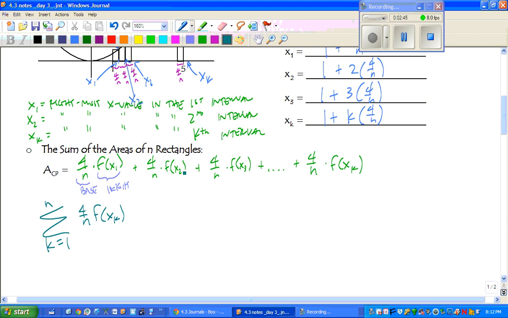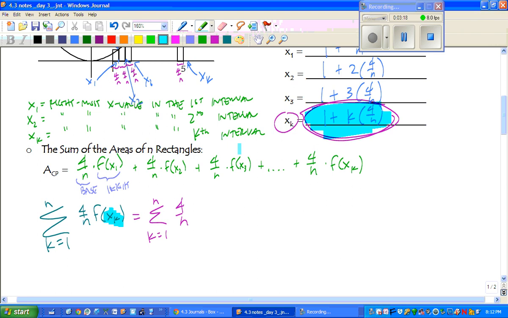Now, for this one, we already talked about what x sub k is. So the whole point of setting this up here was to get this value, because we have to take that value and substitute it into our function. We're just doing it in general. So we're going to look at the sum from k equals 1 to n of 4 over n times f of x sub k. So we're actually taking x sub k, which is this whole value, and putting it into our function.